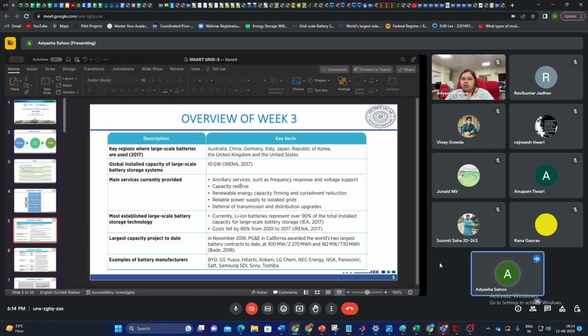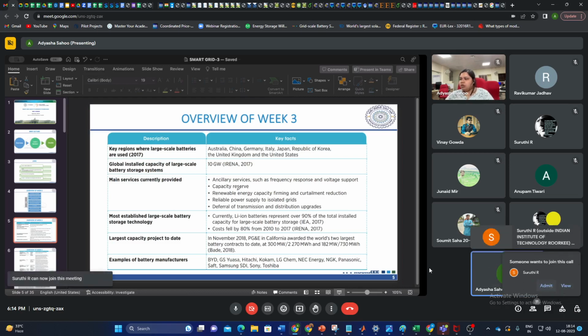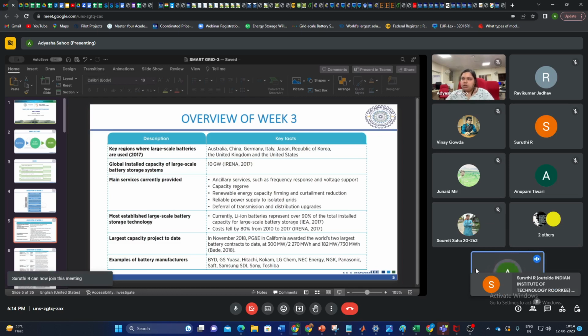Since renewables cannot guarantee the power, there will always be some error based on their forecast. But previously we had thermal generators, so they provide fixed capacity or firm capacity. Whatever they had promised in the day ahead or through a power purchase agreement, they will always provide that much power.